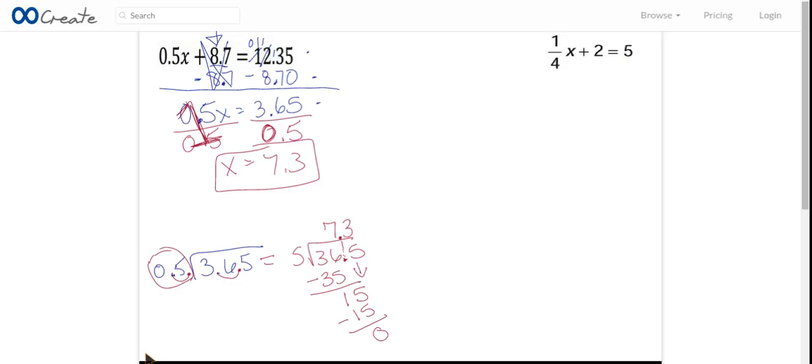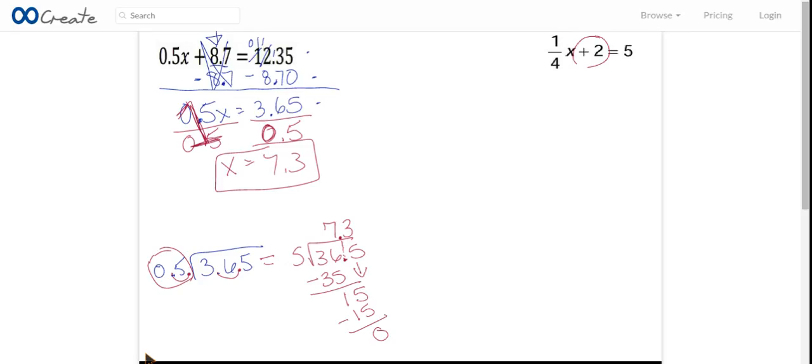Alright, so now let's talk about fractions. I know when we see fractions we get kind of nervous, but if we remember our basic rules, we'll be okay. Again I'm going to start with this piece right here. So my equation is 1/4 times some number I don't know plus 2 equals 5.